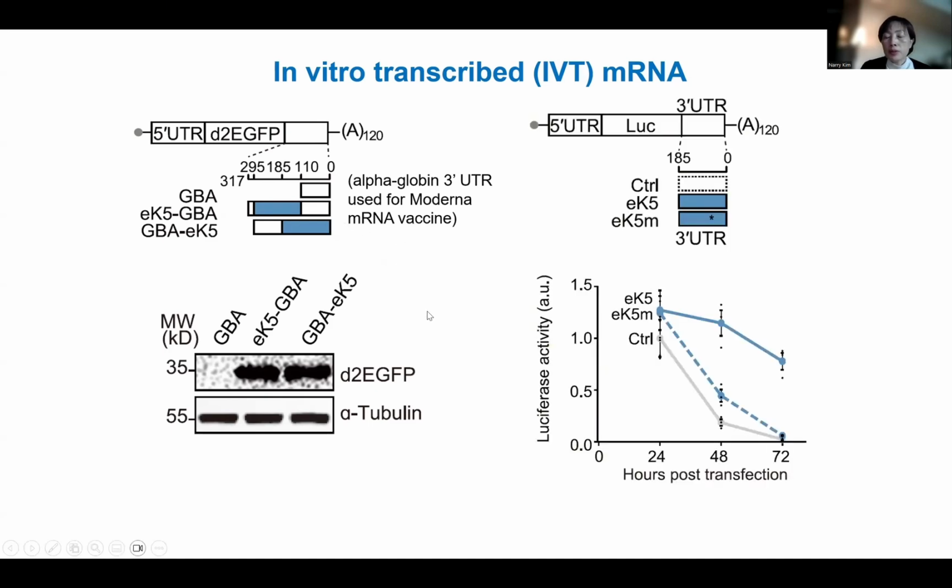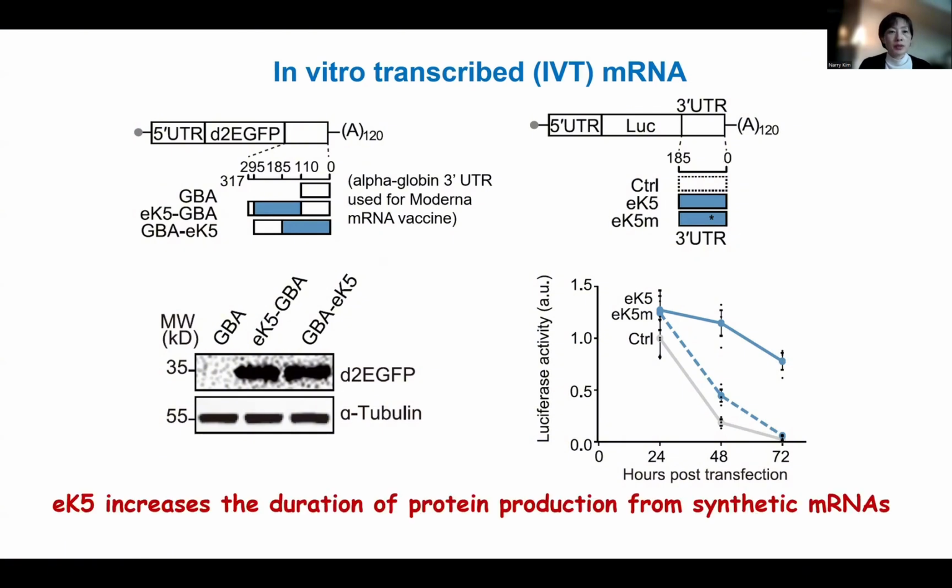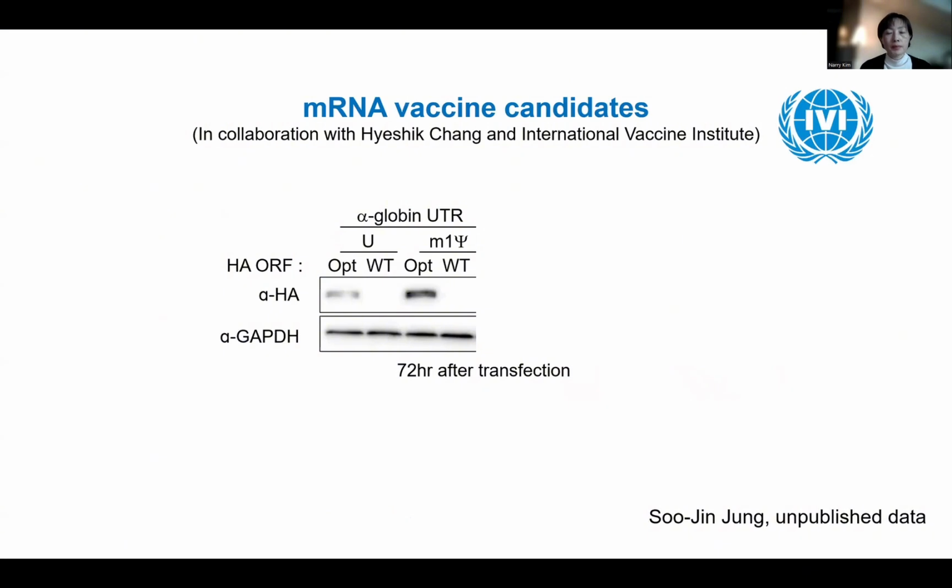We also made a luciferase construct with EK5 and made a comparison in this time course experiment. Unlike the control RNAs that go down to almost background level by 72 hours, our construct expressed luciferase at a substantial level, indicating that this element can increase the duration of protein production from synthetic mRNAs.